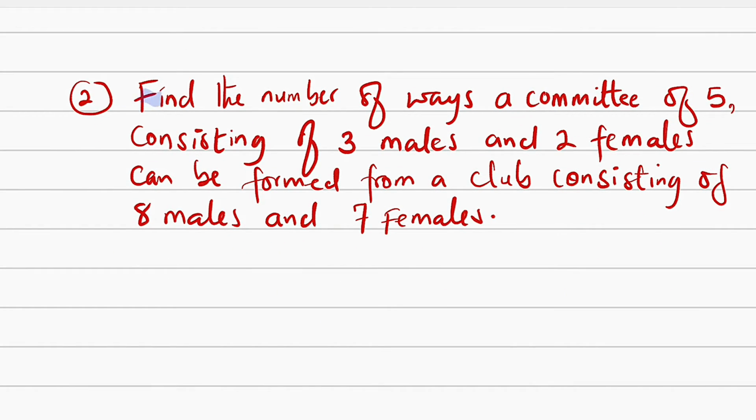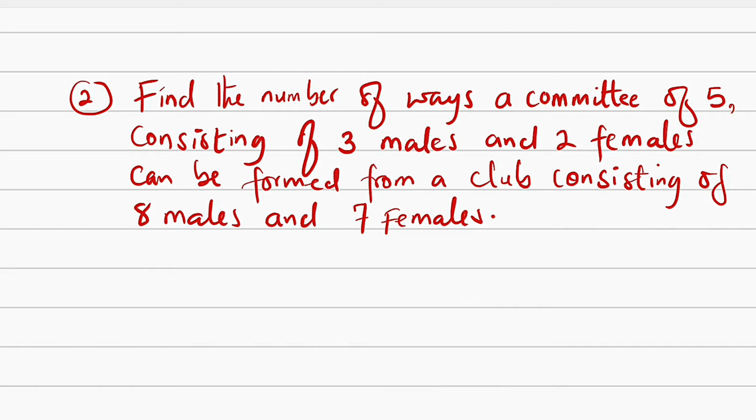So the second question reads, we should find the number of ways a committee of 5, which include 3 males and 2 females, can be formed from a club consisting of 8 males and 7 females.